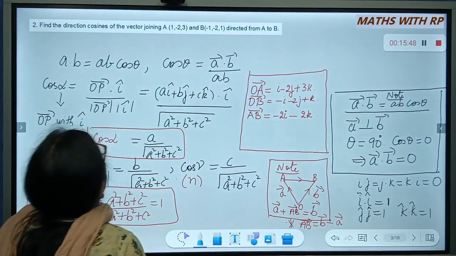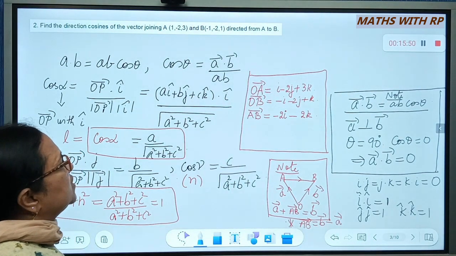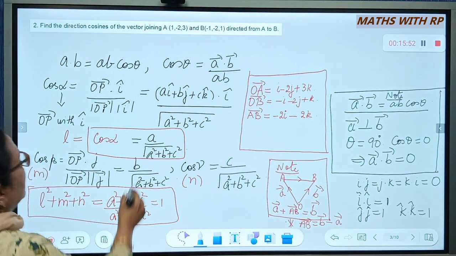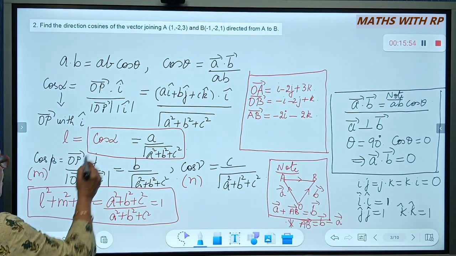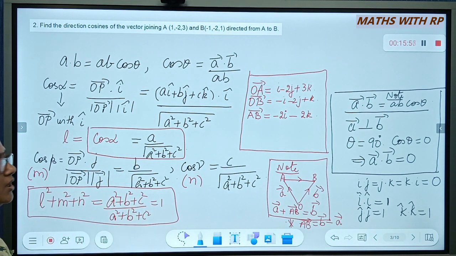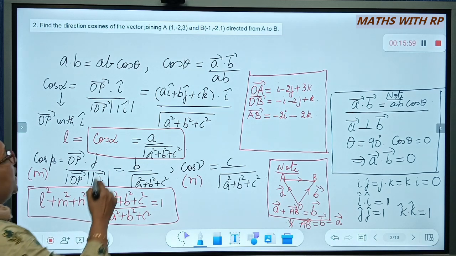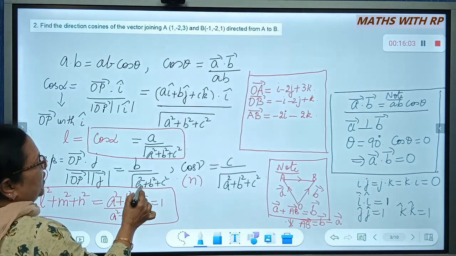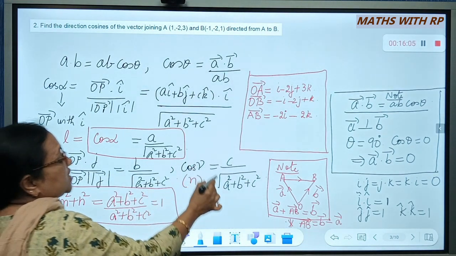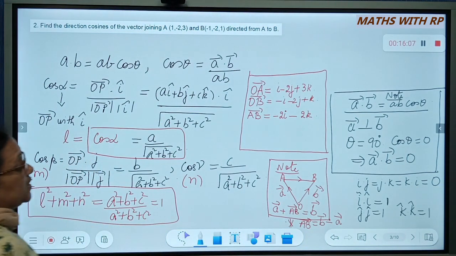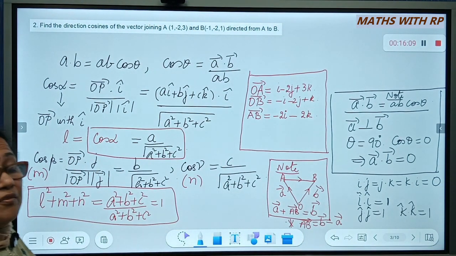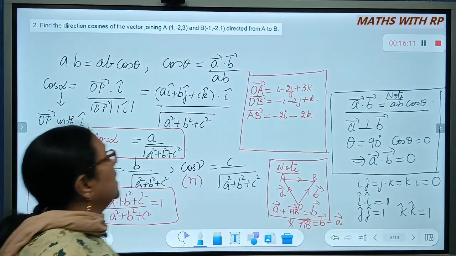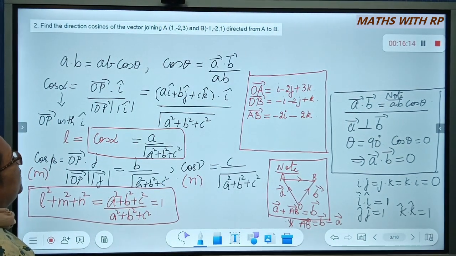Now, what is asked? Find the direction cosines. Cos alpha, cos beta, cos gamma are called direction cosines. What are they? a by root of a square plus b square plus c square, b by root of a square plus b square plus c square, c by root of a square plus b square plus c square, where root of a square plus b square plus c square is the magnitude of the vector.